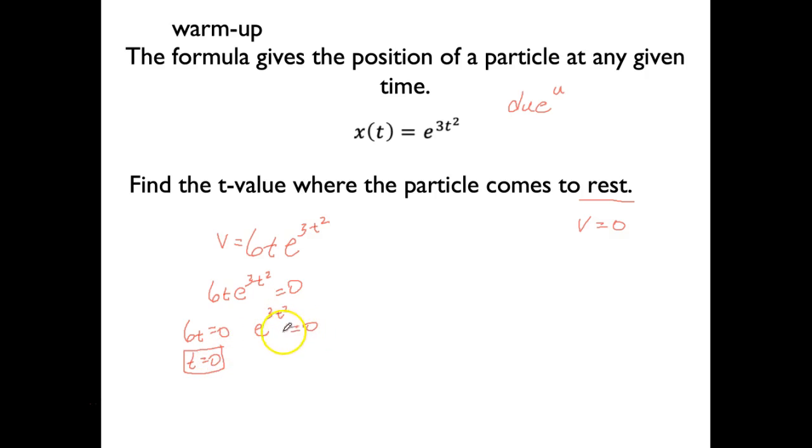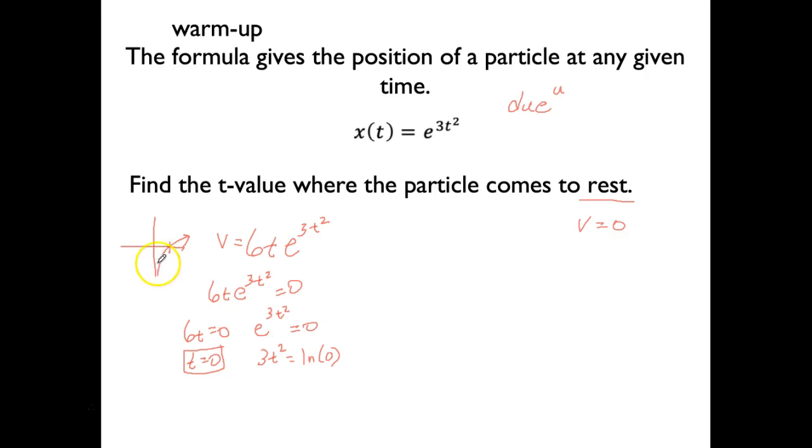Now this one, in order to get rid of e, you're going to take the natural log, right? So we're going to have 3t squared equals natural log of 0. Well, I hope you remember this. What is natural log of 0? If you don't remember, let's look at a graph of natural log. It looks like this, right? It crosses right here at the 1.